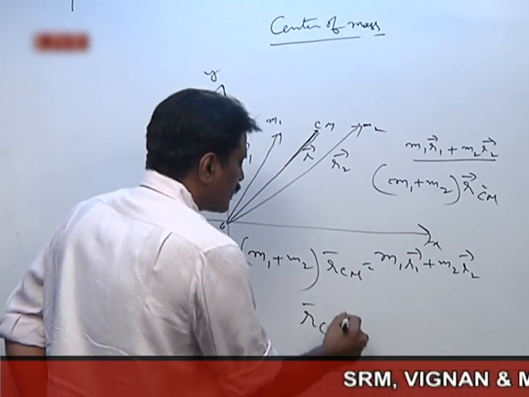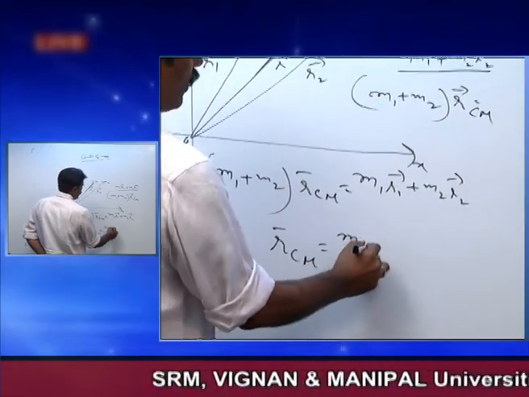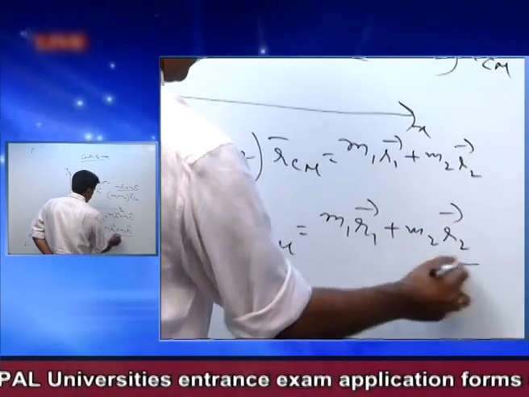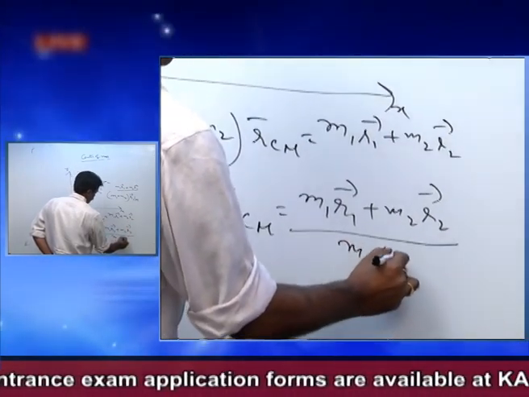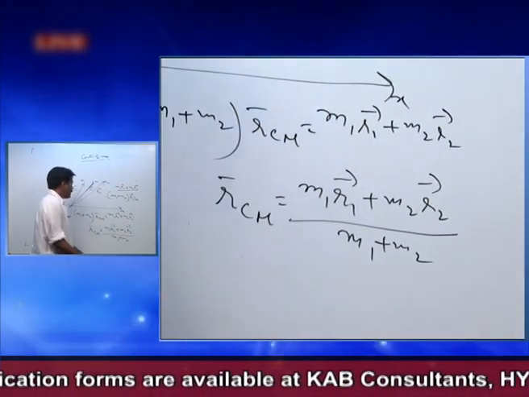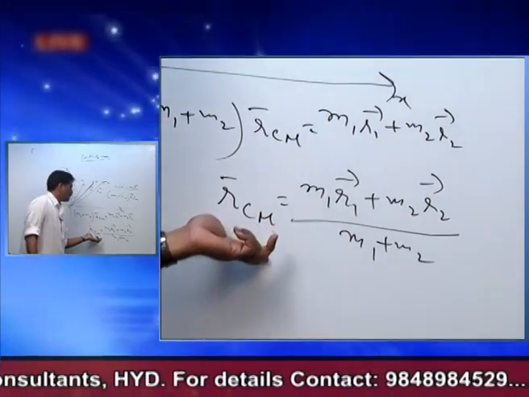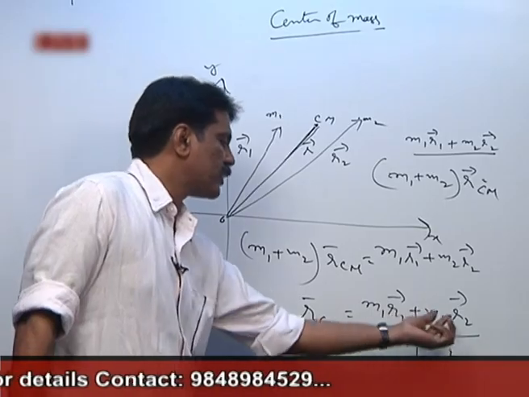R center of mass is equal to m1 r1 plus m2 r2 by m1 plus m2. This is the position vector of center of mass if the radius vectors of m1 and m2 are known.